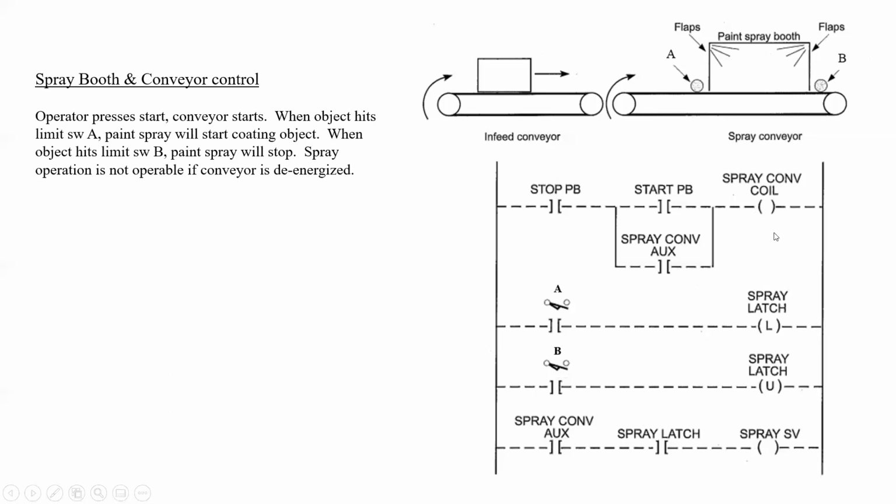This is the spray conveyor coil, so this will control the motor. And if we look all the way down here, that is an auxiliary contact on my motor starter. It needs to make this input go true, or else the spray valve will not function.